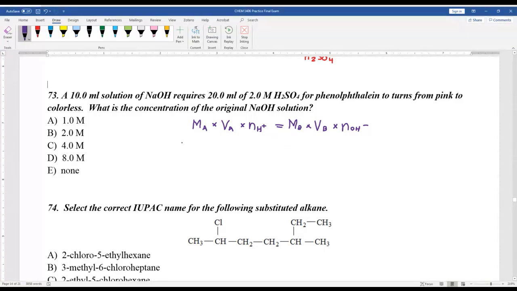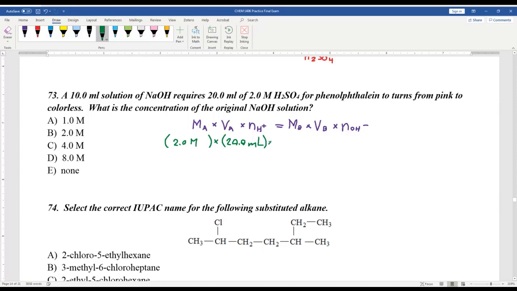What's the molarity of the acid here? Yeah, 2.0 molar. I have 2.0 molar of that H2SO4. What is the volume of the acid? 20, yep. 20.0 milliliters.